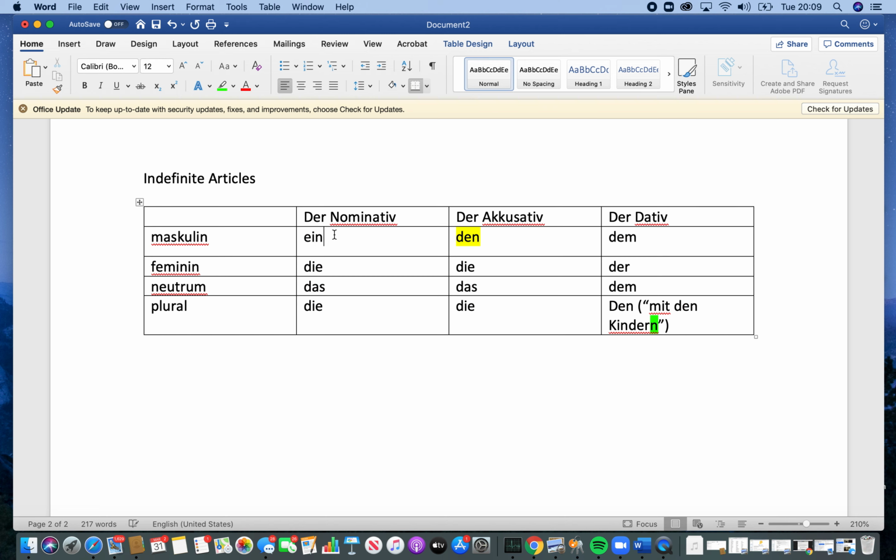So we have ein. These are a or an words. So we're using our definite articles to refer to a specific thing or idea or person. So ich trinke das Wasser, I drink the water, like I'm referring to specific water, like maybe I have a bottle of water.